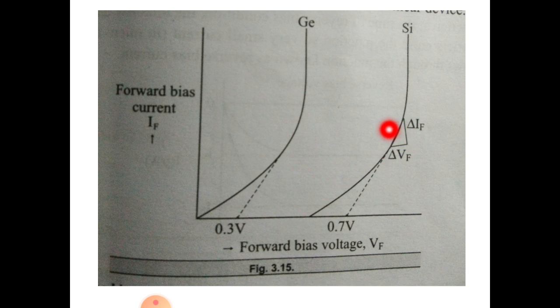Here also, at this particular value of current, the voltage is constant. Hence it does not give a straight line, and it does not obey Ohm's law, that is, resistance R equals voltage upon current. We can see that at a particular value of current, the voltage is constant.